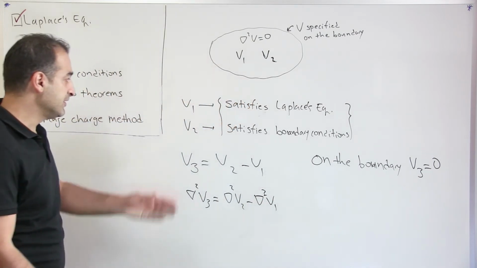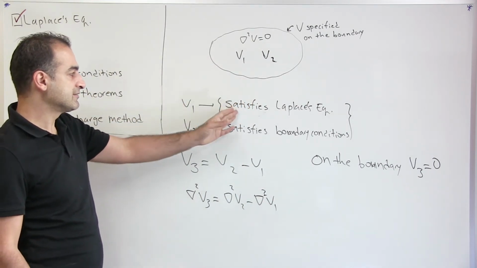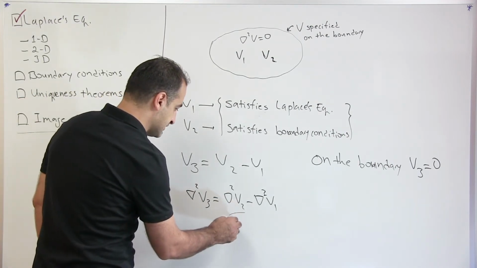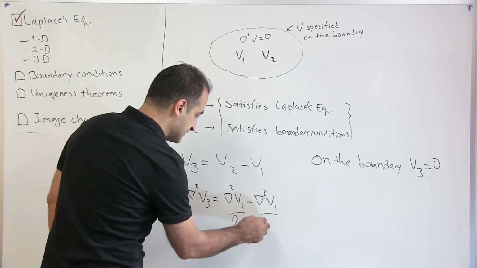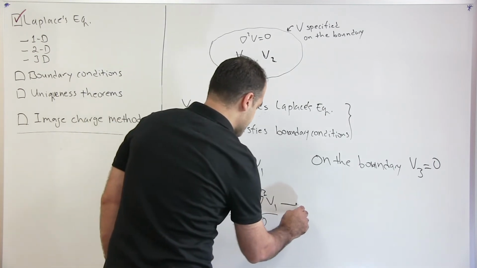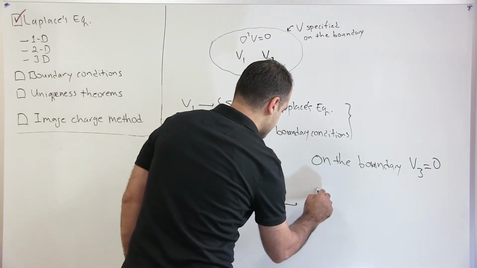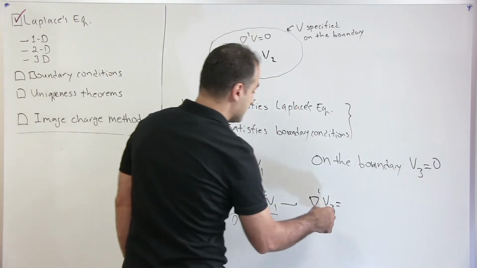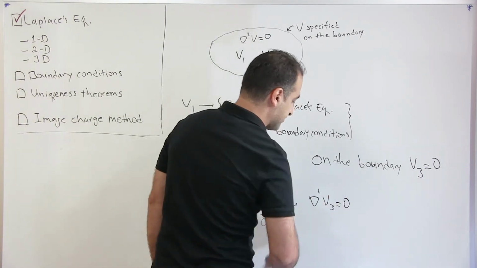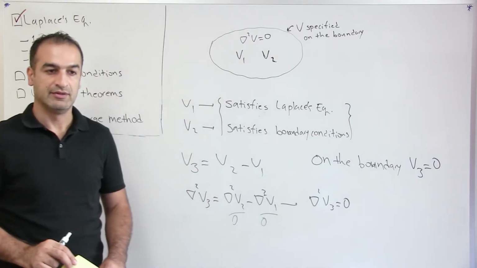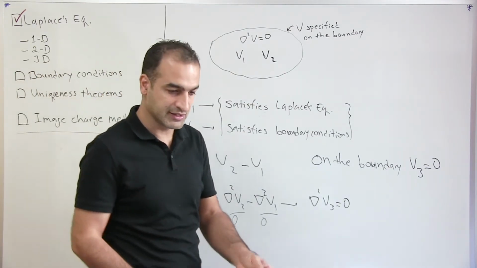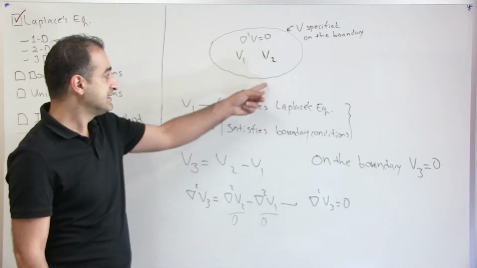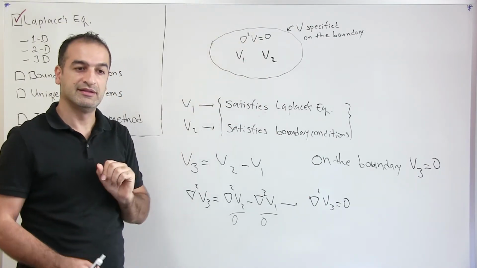V1 and V2 both satisfy Laplace's equation, so that means this is zero, this is zero as well. That means V3, which is a difference between V1 and V2, satisfies Laplace's equation as well. So V3 is a function that satisfies Laplace's equation and is zero on the boundary as well.